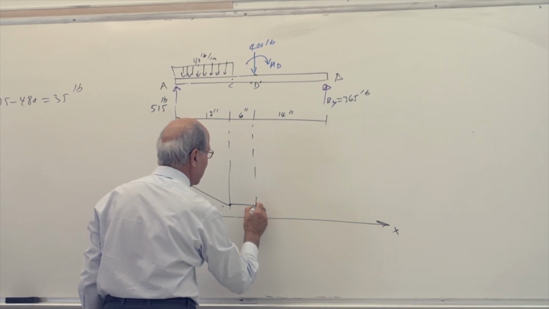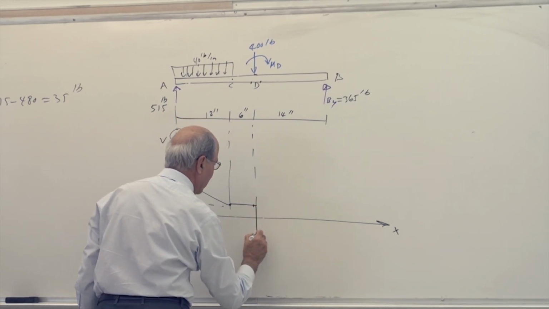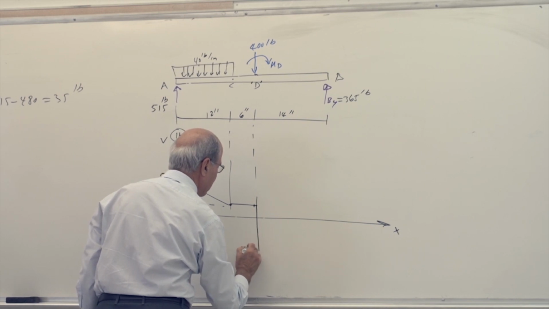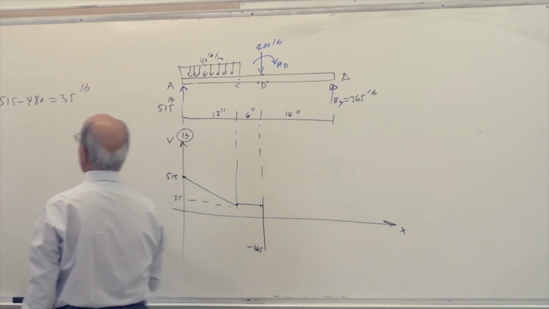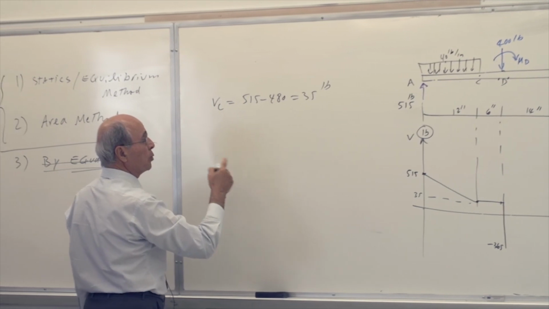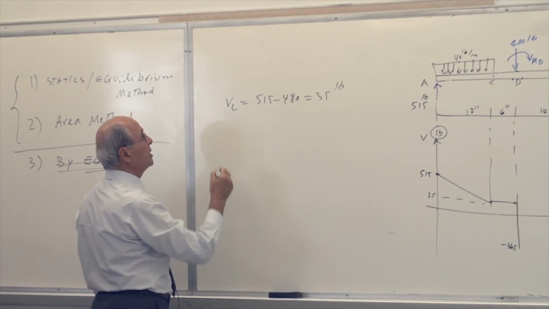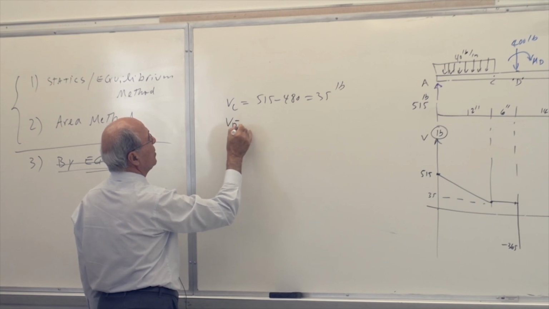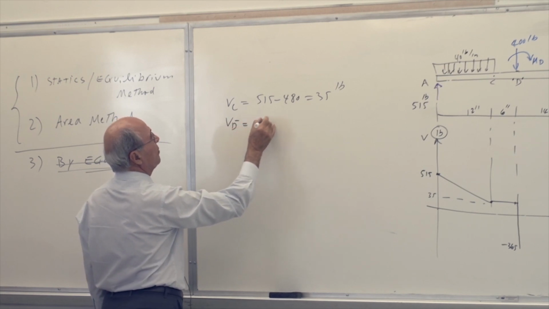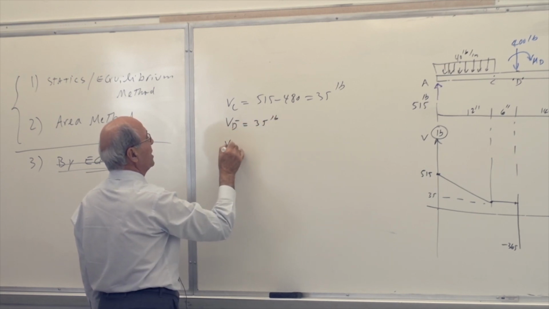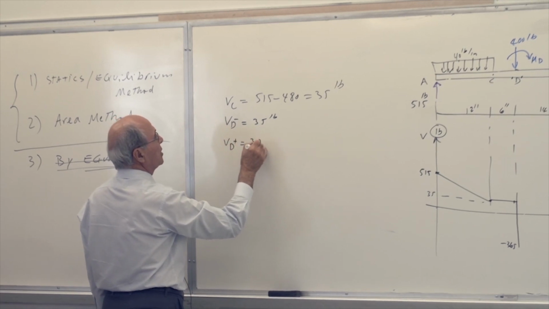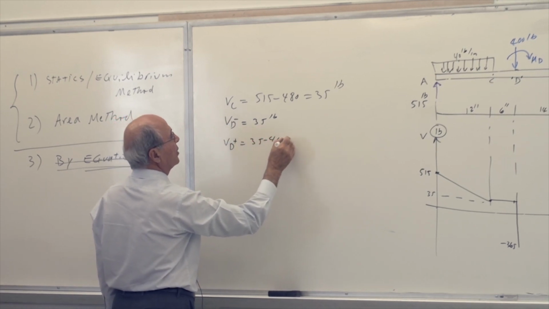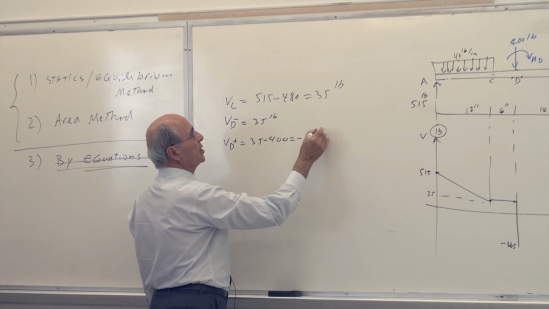So as soon as I get here, I drop it 400, so I get to minus 365. So here you write for me, if this is your quiz, this is how you should represent to me that you know everything. So shear at D minus is still 35 pounds. Shear at D plus is equal to 35 minus 400, so it is minus 365 pounds.